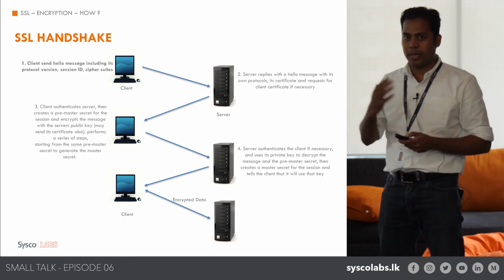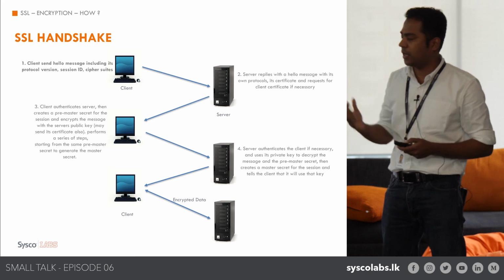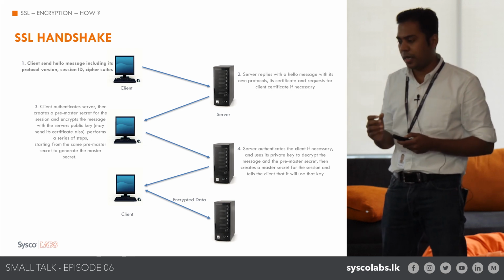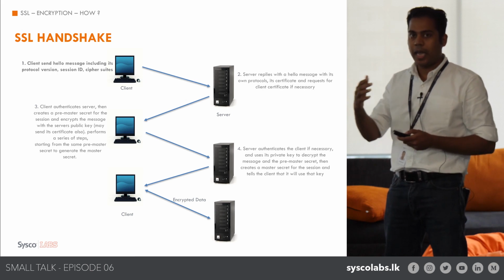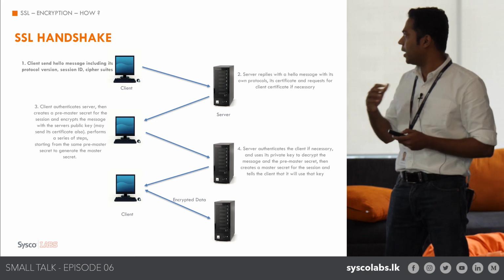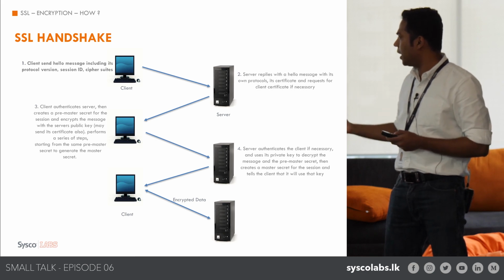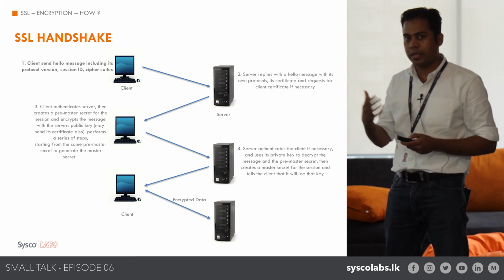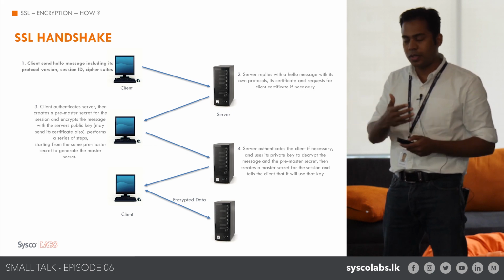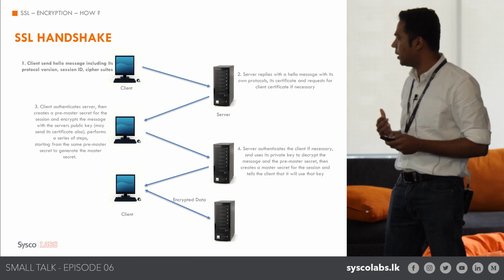That means we have a public key and a private key, and the public key is shared with everyone, and anyone can encrypt a message with the public key, and only the person who has the private key can decrypt the message. For the actual data transfer, it uses symmetric cryptography. That means the same key is used for the encryption and the decryption.